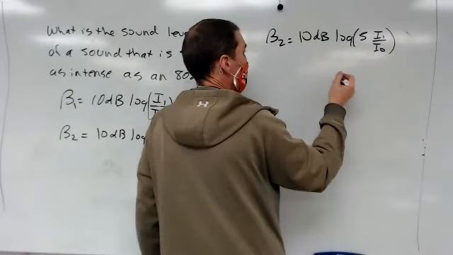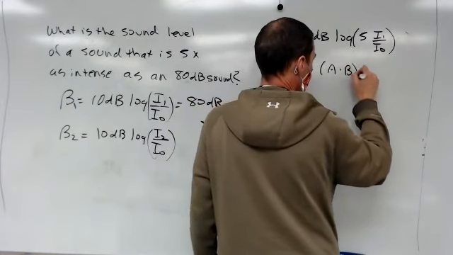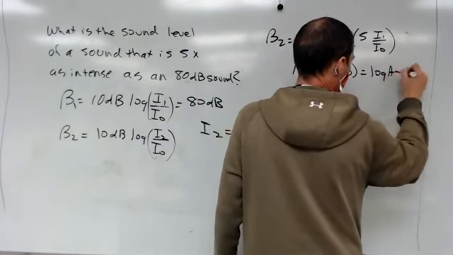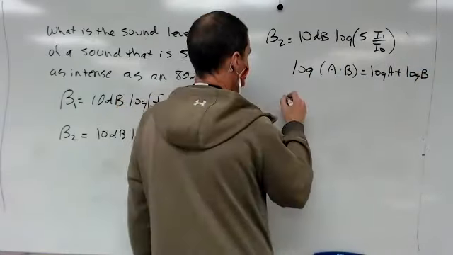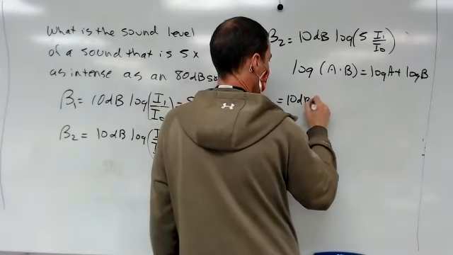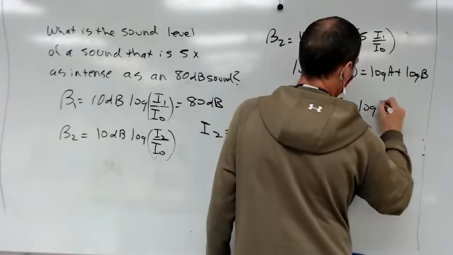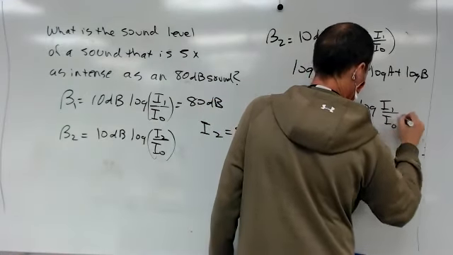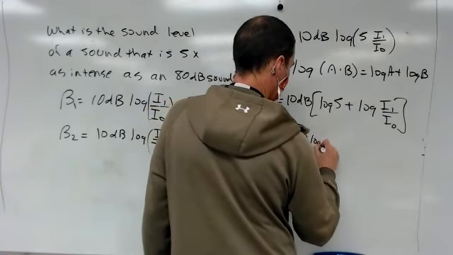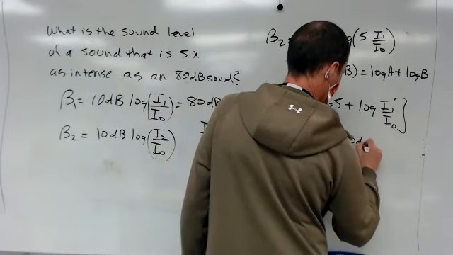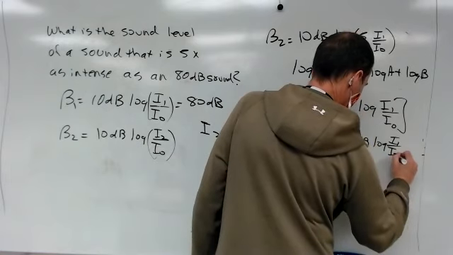And then you can recognize that log of A times B is equal to log of A plus the log of B. And so this is equal to 10 decibels times the log of 5 plus the log of I1 over I naught, which is 10 decibels times the log of 5 plus 10 decibels times the log of I1 over I naught.